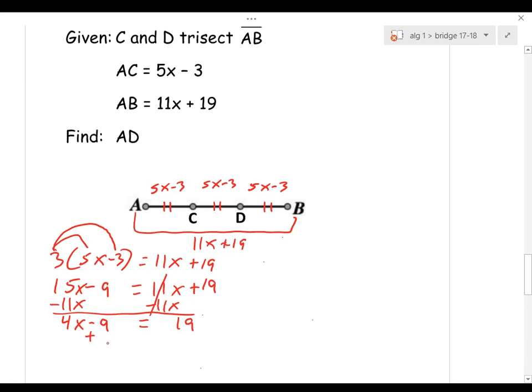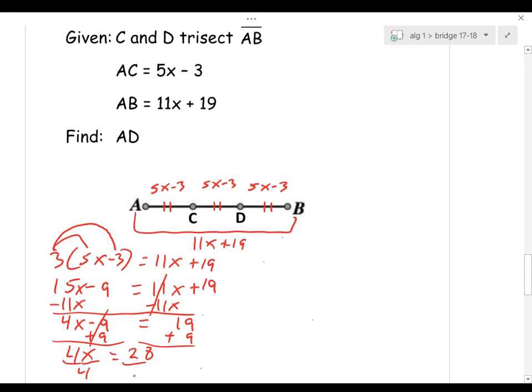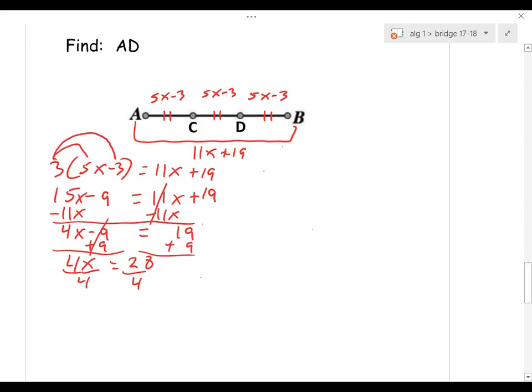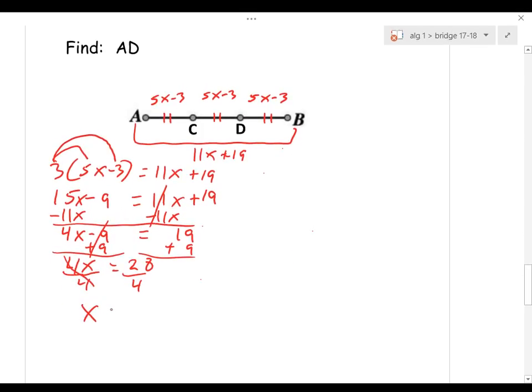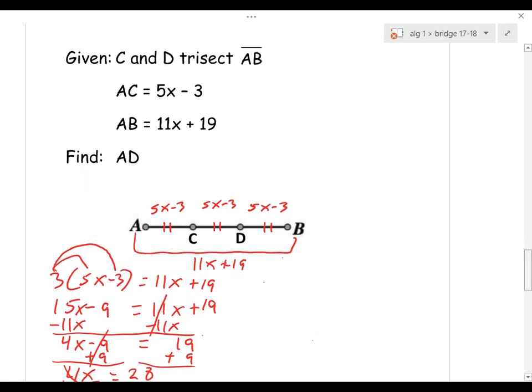So I'm going to add 9 to both sides. So I got 4x equals 28. I divide both sides by 4. And we have x equals 7. So I need to find AD.